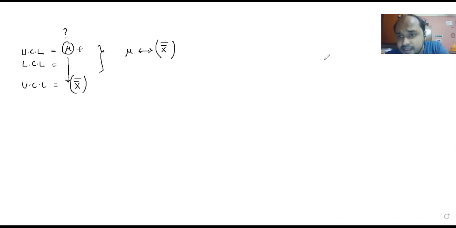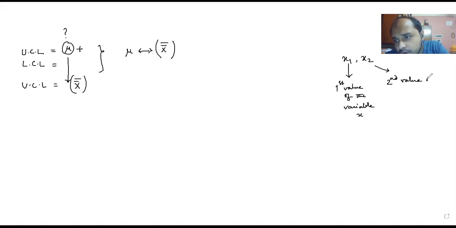Now, Ohana was asking how I got x1 and x2. The meaning of this term is that x is a variable, and x1 means the first value of the variable x, and this is the second value of the variable x. I chose the sample S1, for example, in this manner: 1, 1.